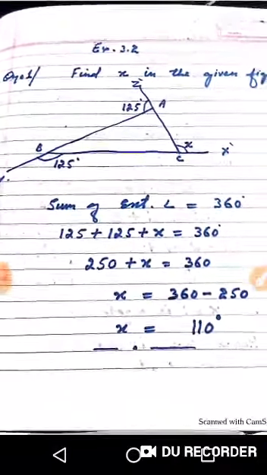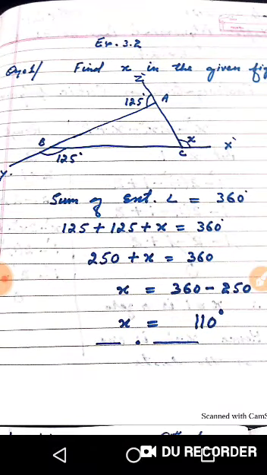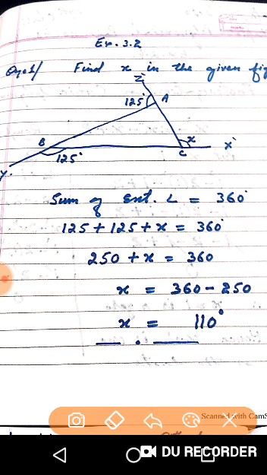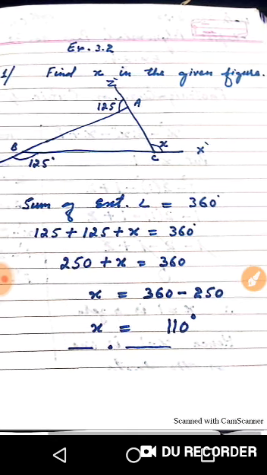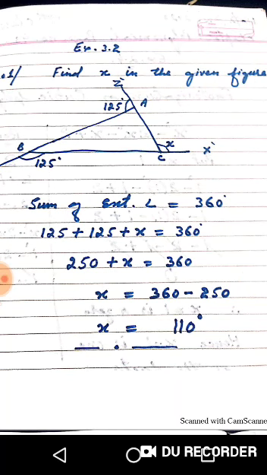Now in exercise 3.2 there is a question again of the same kind, but it is based on the sum of the exterior angles of the polygon, and you know the sum of the exterior angles of a polygon is always 360 degrees.